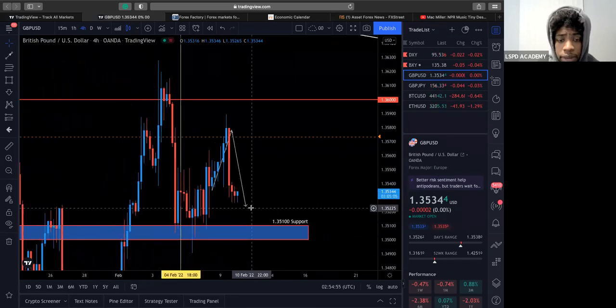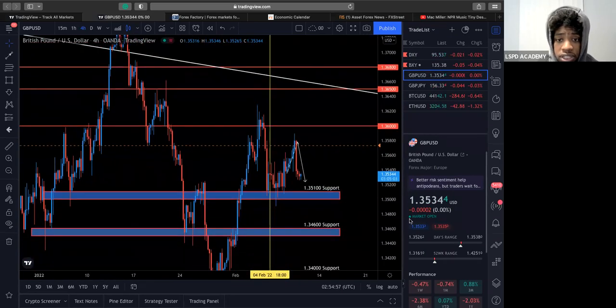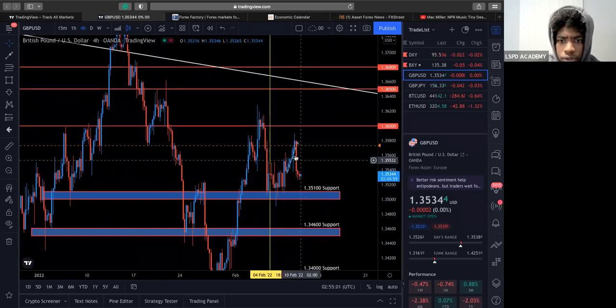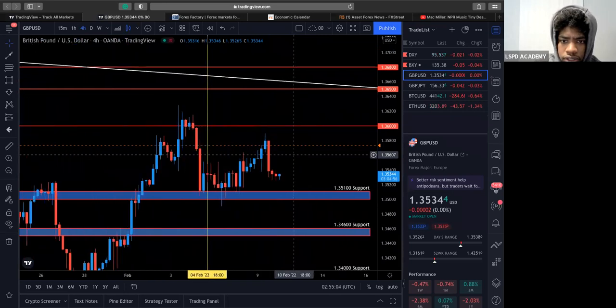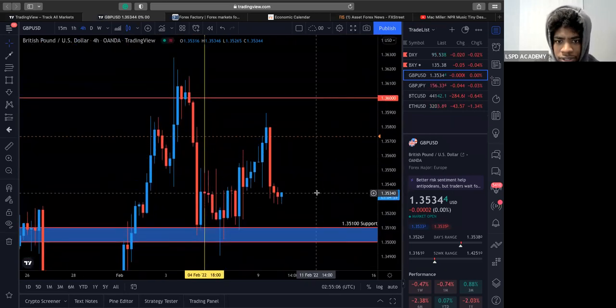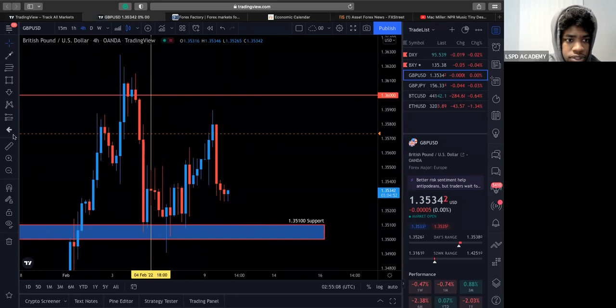And I'm actually still pretty bearish on this. I think I'm in a sell right now, but looking at price action, we'll see how this works out.